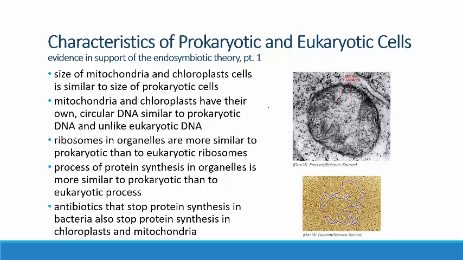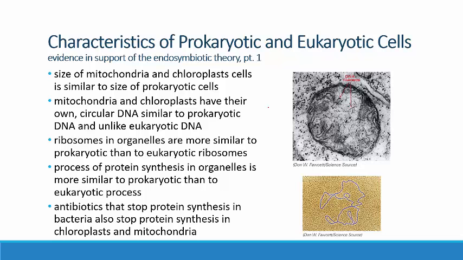And mitochondria and chloroplasts both have their own DNA, and it's circular, very similar to prokaryotic DNA, and very dissimilar to eukaryotic DNA. The ribosomes that are found inside mitochondria and chloroplasts have a much more similar construction to prokaryotic ribosomes than they do to eukaryotic ribosomes.